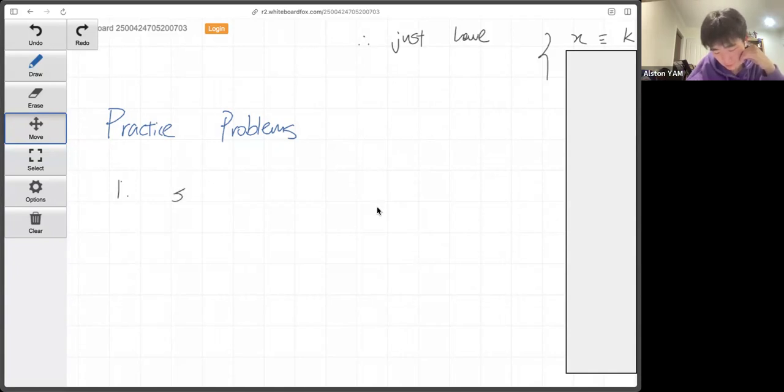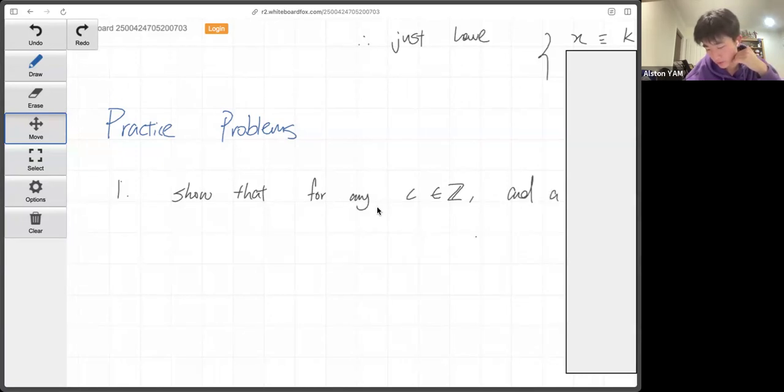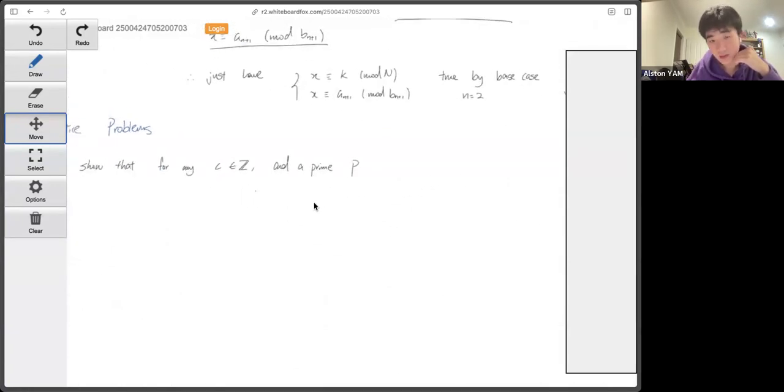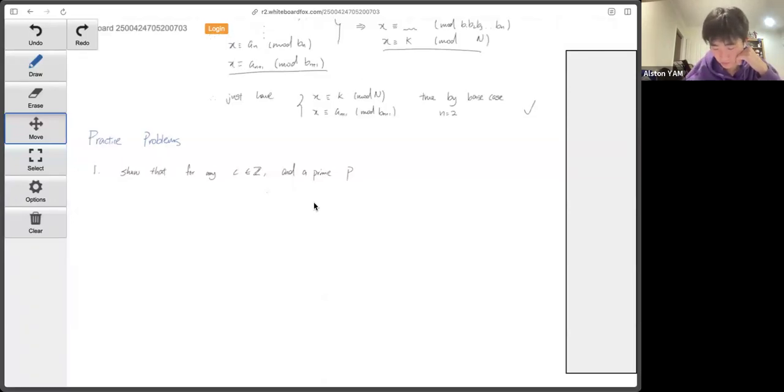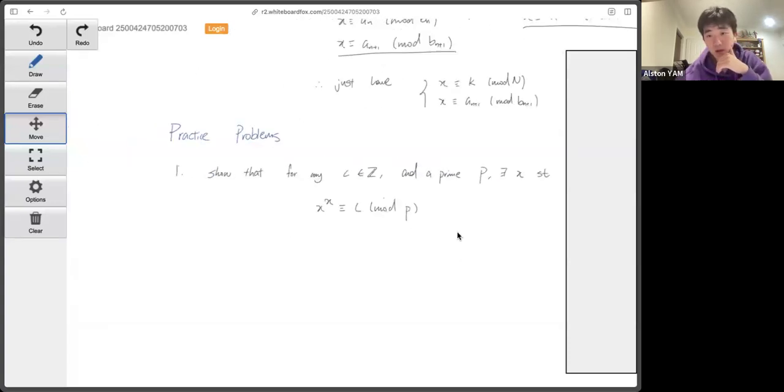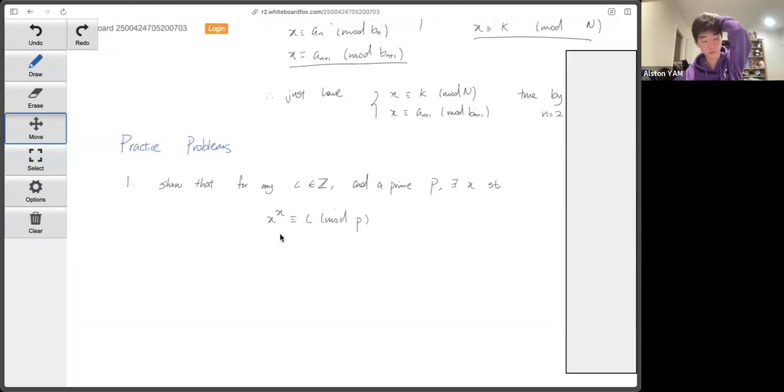We want to show that for any c, which is an integer, and a prime p, there exists x such that x to the x is congruent to c on the mod p, where p is a prime. Yeah, okay, so that's the first problem.